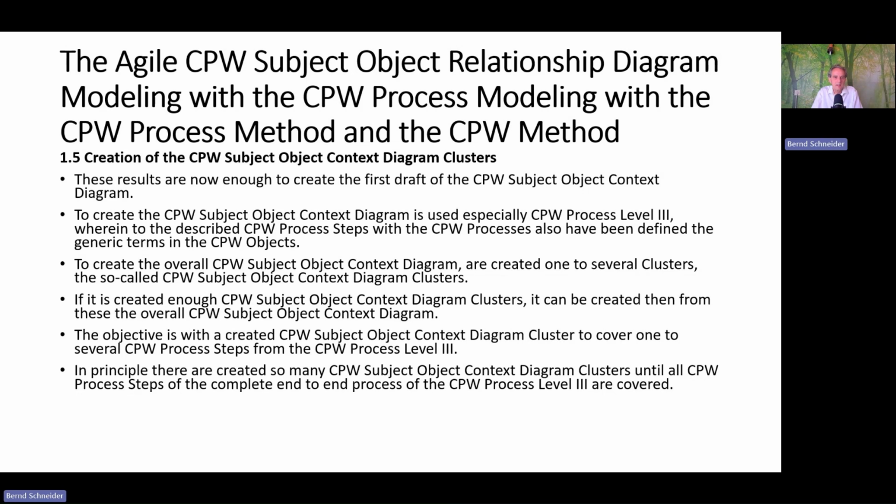The objective with a created CPW subject object context diagram cluster is to cover one to several CPW process steps from the CPW process level 3. In principle, so many CPW subject object context diagram clusters are created until all CPW process steps of the complete end-to-end process of the CPW process level 3 are covered.